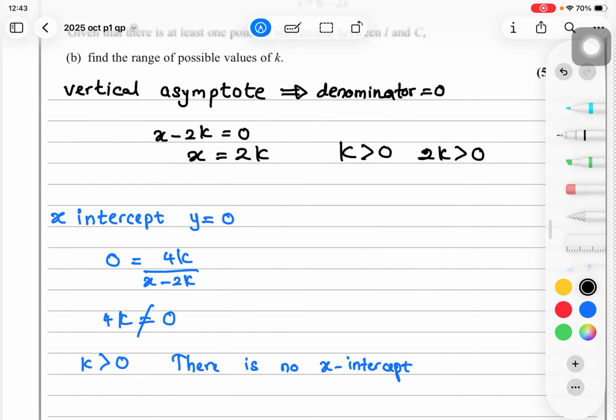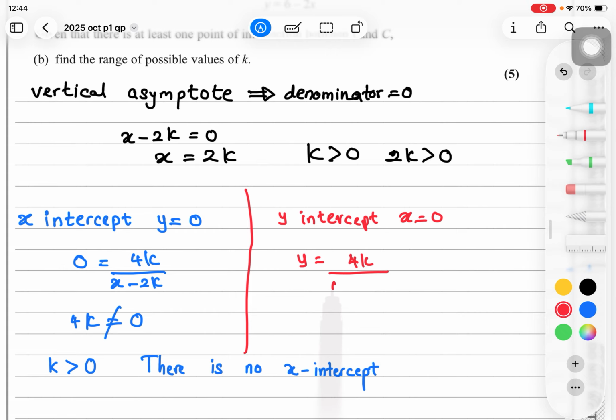Then we can go with the y-intercept. What will the y-intercept be? That means x equals 0. In this one, x equals 0 means we're going to get 4k over 0 minus 2k, which will give us negative 2k.